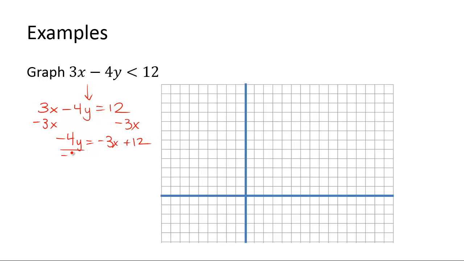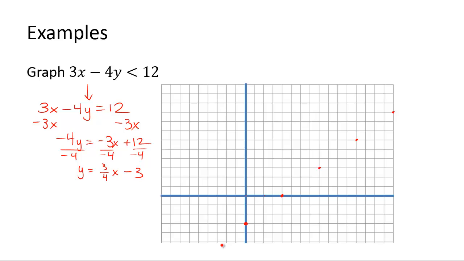Divide everything by negative 4, and you get y equals 3/4 x minus 3. So that means we start at negative 3 and go up 3 over 4, up 3 over 4, and so on. And that forms our boundary.